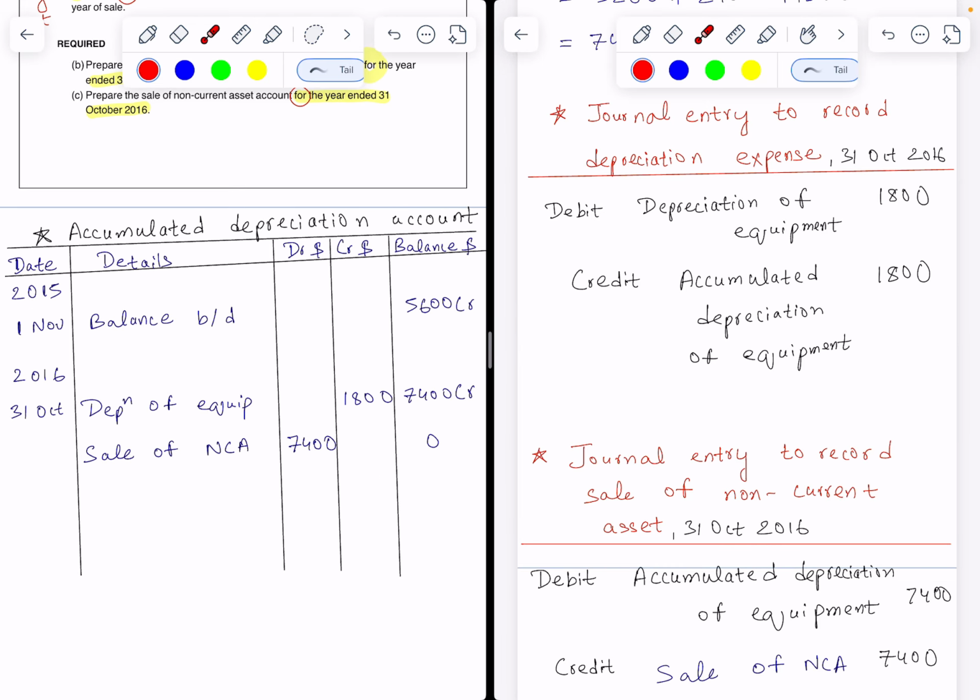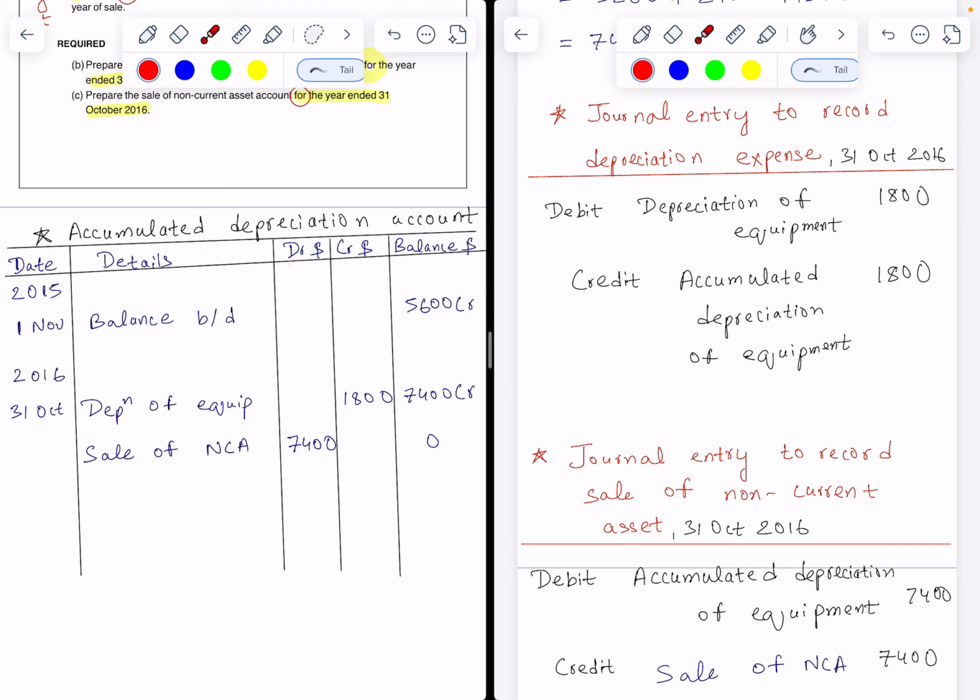So we understand that we are preparing the ledger account for accumulated depreciation for the year ended 31 October 2016. And here on the left-hand side, you can see that I have got the usual 5-column format, starting with the date, followed by the details, then we've got the debit, credit, and lastly the balance columns.